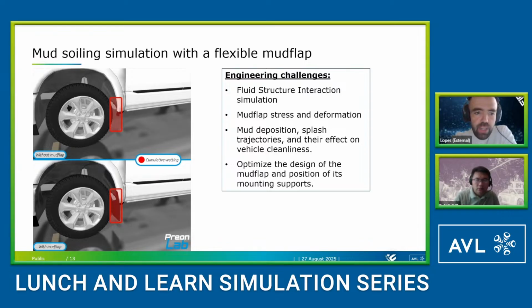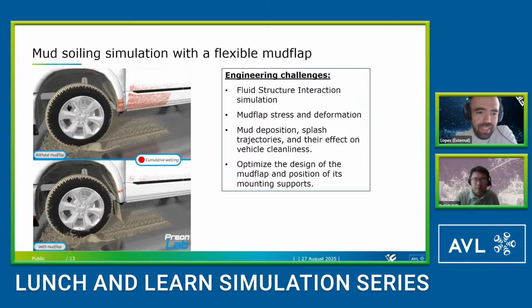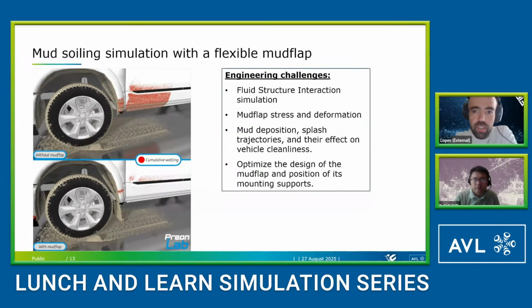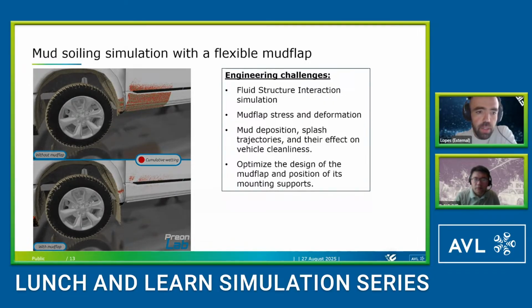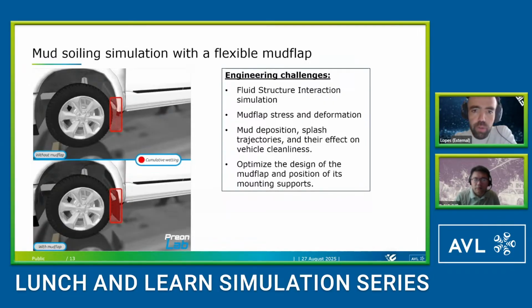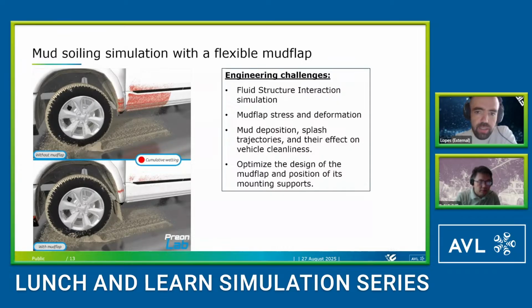Yeah, next application is more of an automotive industry application. And here we are showcasing a simulation of mud, which is a Herschel-Bulkley fluid, which means that there is an initial yield stress that needs to be overcome in order for the fluid to flow. And here we are comparing two different designs, and the one below includes an elastic mud flap.